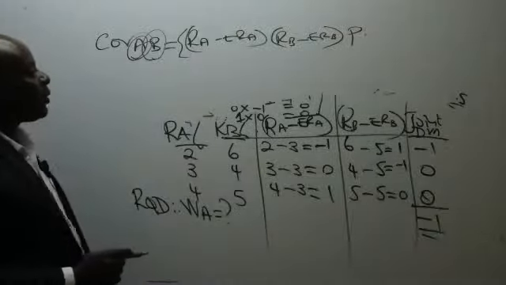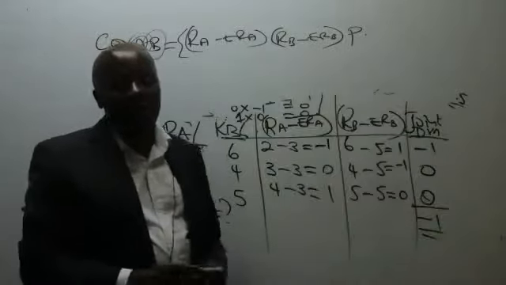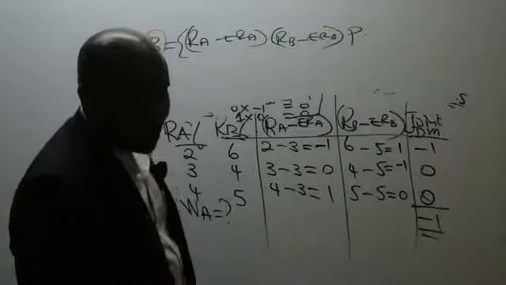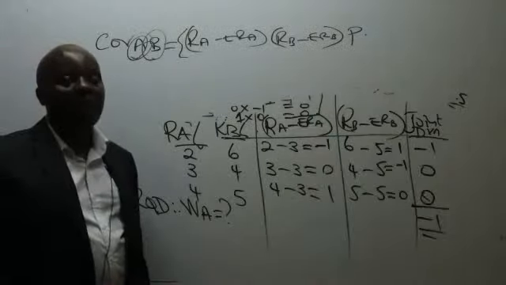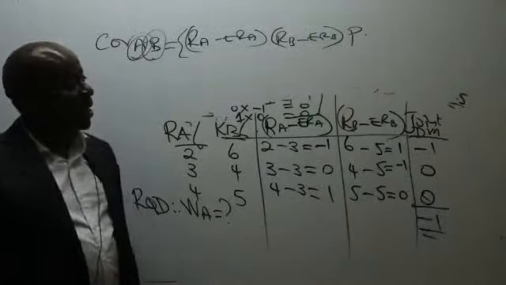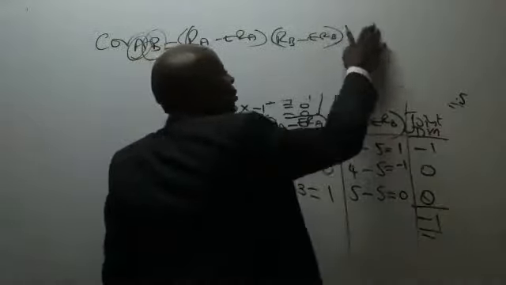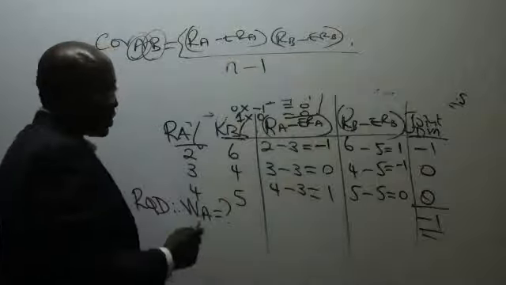But at times you will go to an exam, and then you realize that probability has not been given. I will not start crying. I'm not a crybaby. Whenever these probabilities are not given, just delete P there, but remember to substitute it with what here? N minus 1.